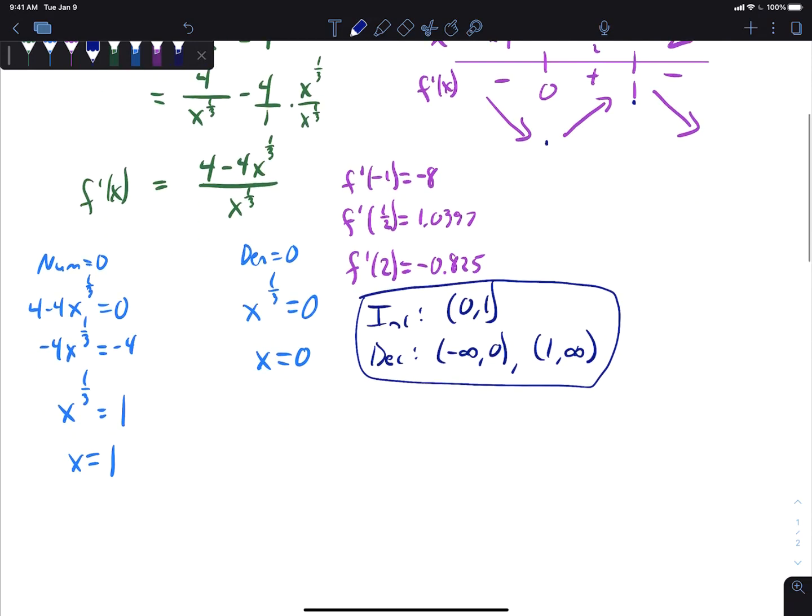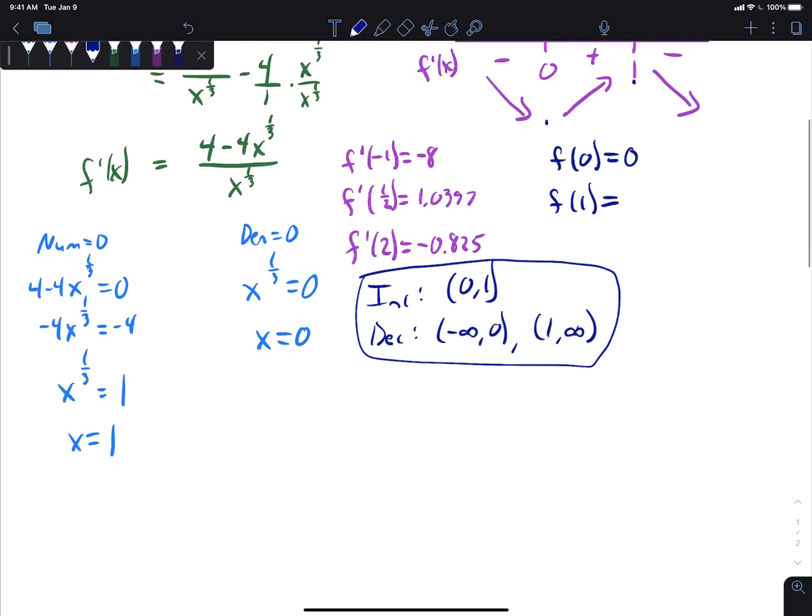Now, where these occur: f of 0 is 0. And f of 1 itself, notice I'm plugging these into the original function itself. f of 1 is 2. Good.